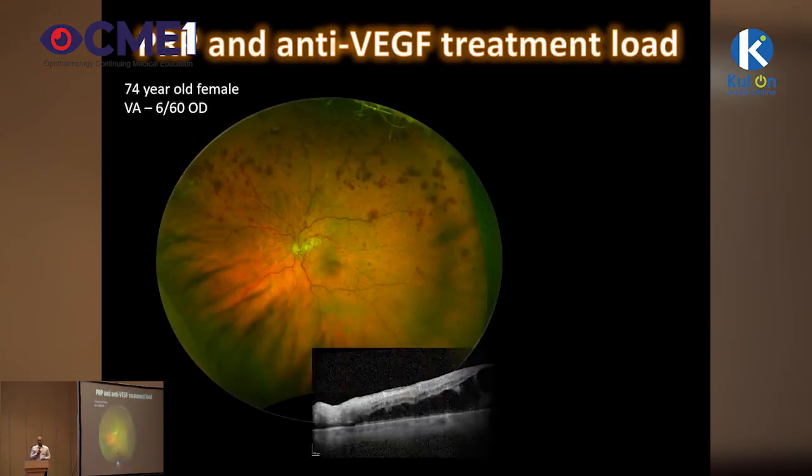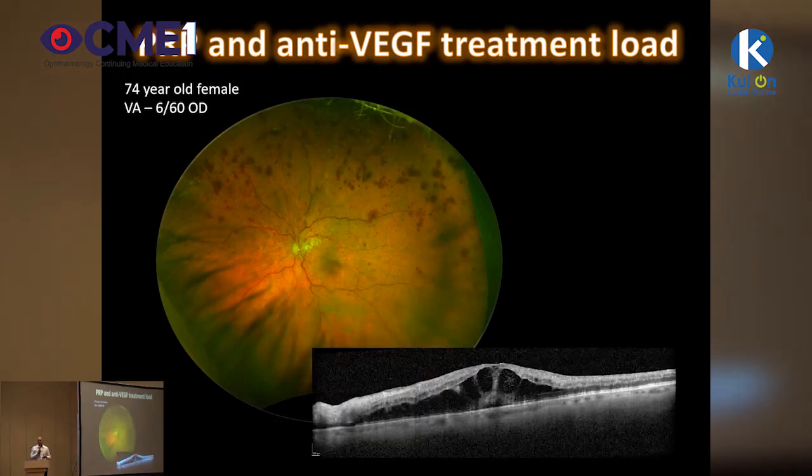And that brings up the next question. Does PRP reduce the risk of macular edema in retinal vein occlusion, and does it reduce the treatment burden? So if I give someone laser with central retinal vein occlusion, do they require fewer injections of anti-VEGF therapy for their macular edema? This is a different patient.